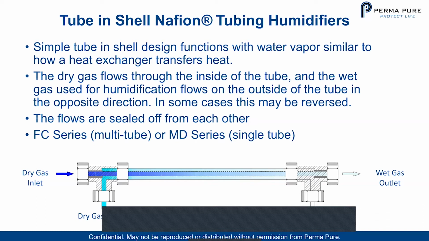We don't have performance curves for this. However, the performance of the MD series will be very similar to the BE series. A lot of researchers use these for small quantities, and humidifying aerosol streams is a common application, especially for the FC series.